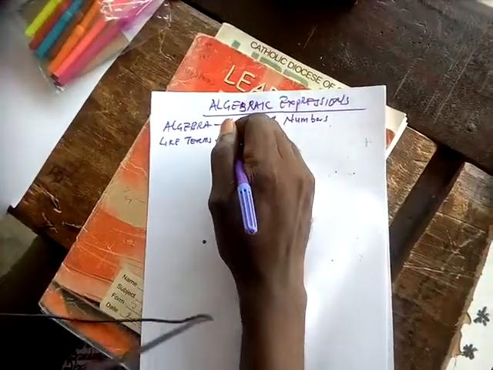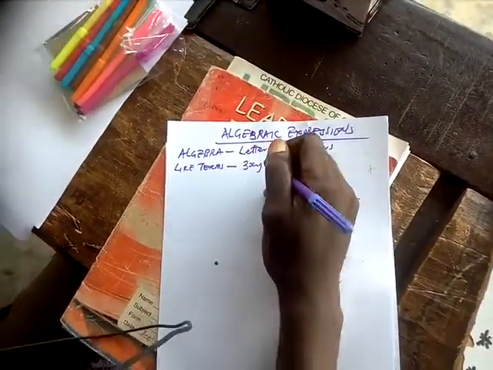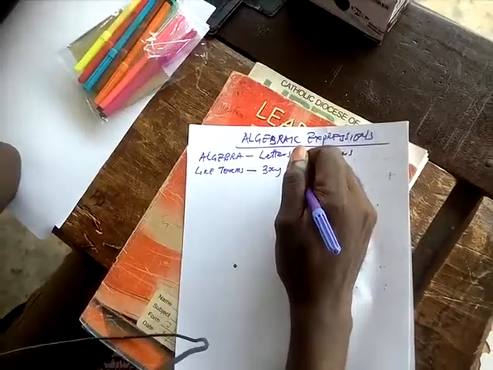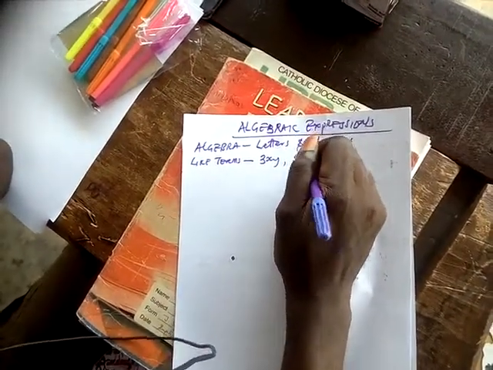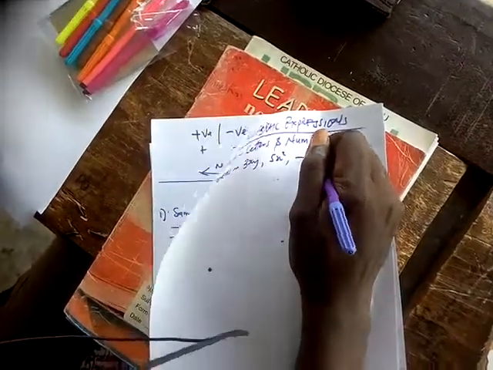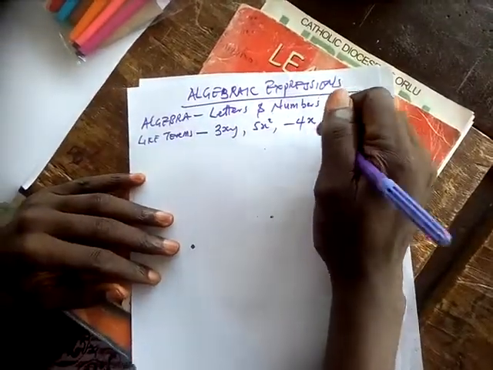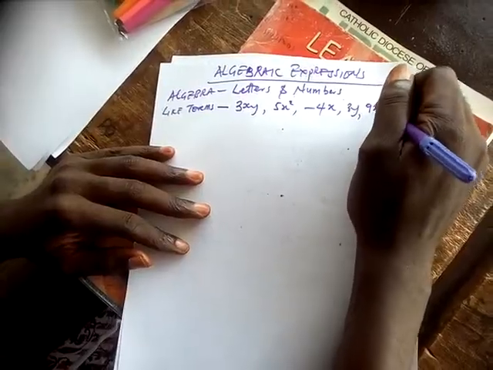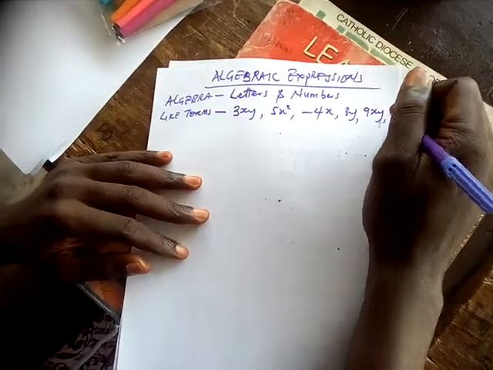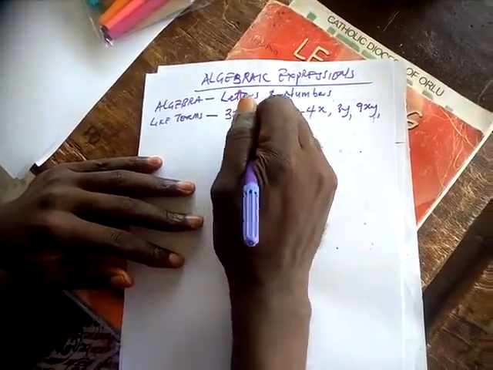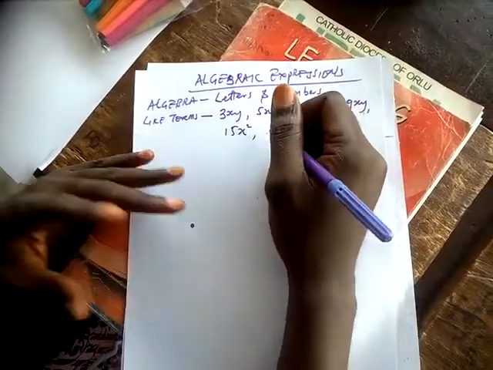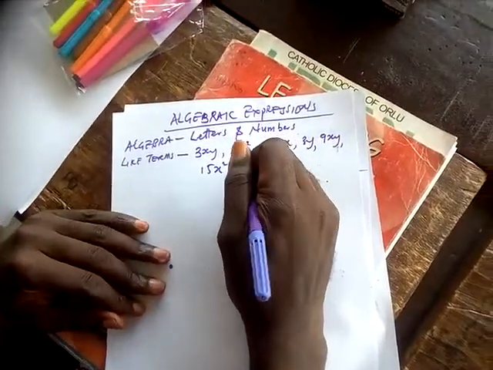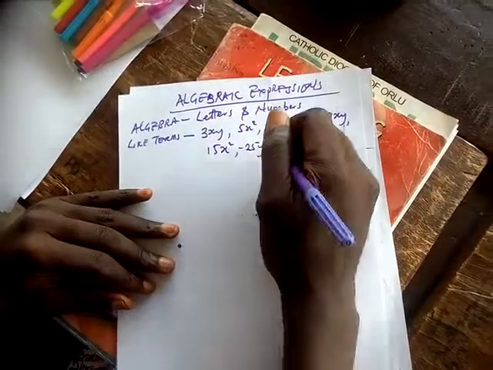For example, you have 3xy, you have 5x squared, you have minus 4x, you have 3y, you have 9xy, you have 15x squared, you have 25y, minus 25y, etc.